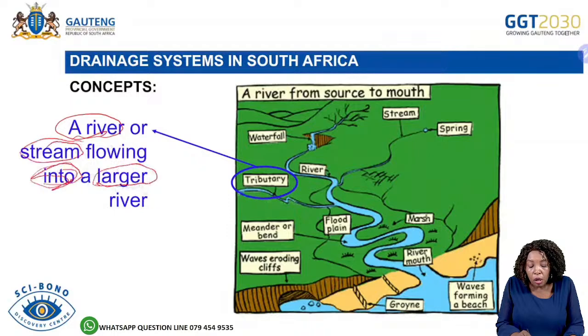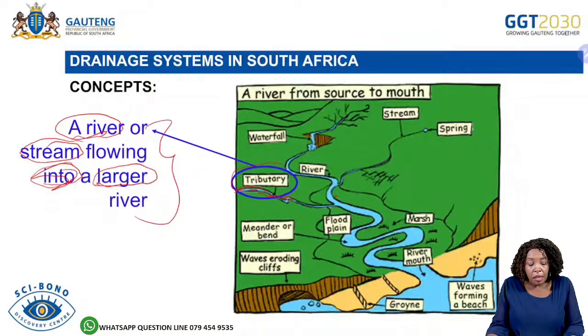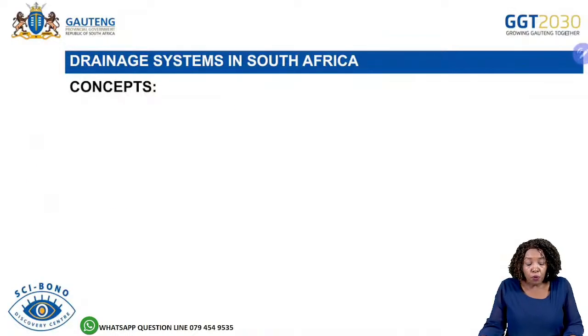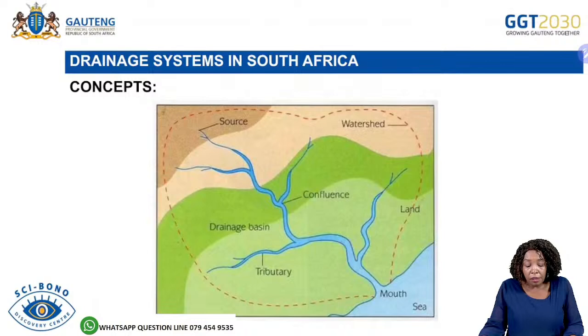So on its own, this is a river, but it's just a smaller stream. Then we refer to it as a tributary because it is not in its own existence, but it supplies water into the main river. So this particular tributary is a small stream that would flow and join the main stream.